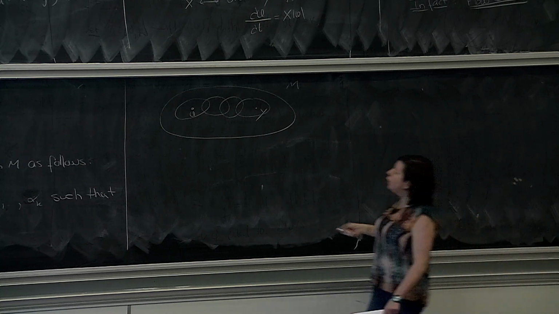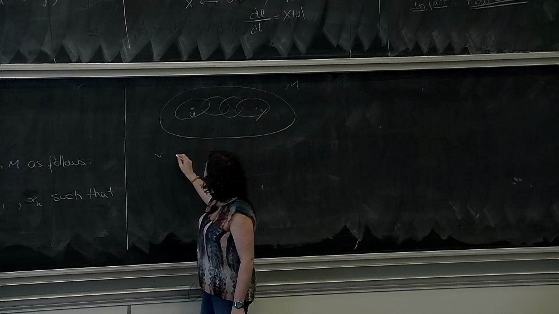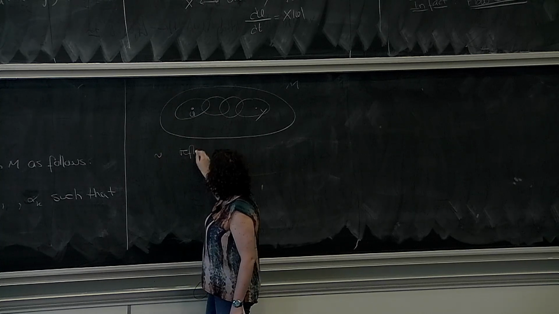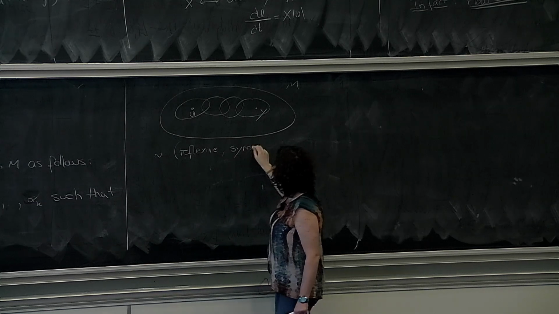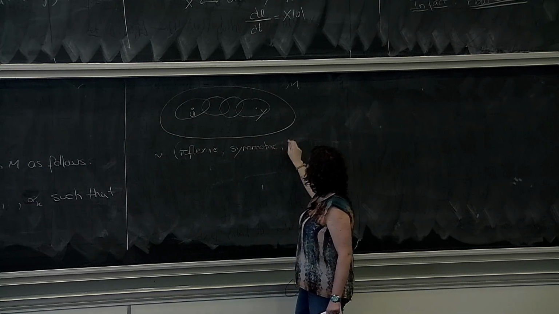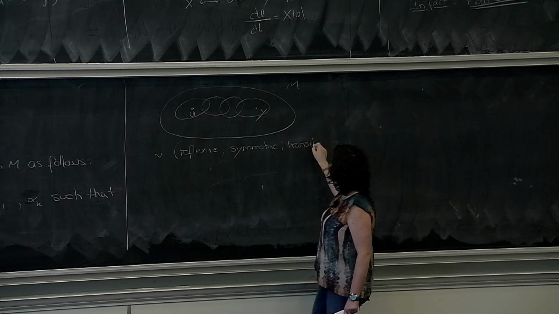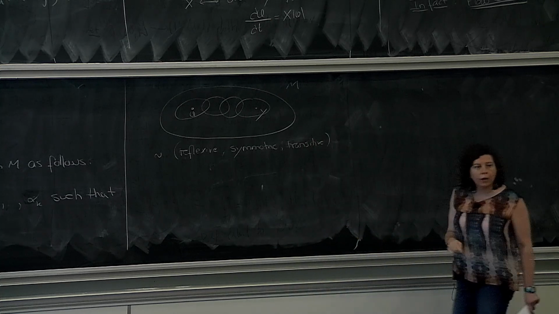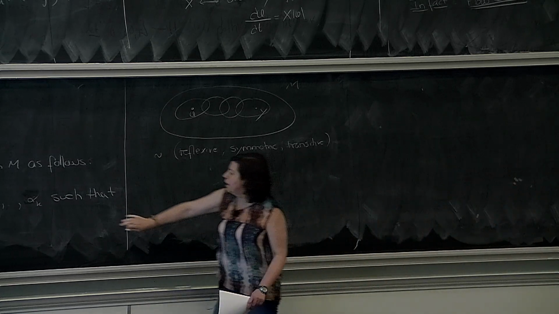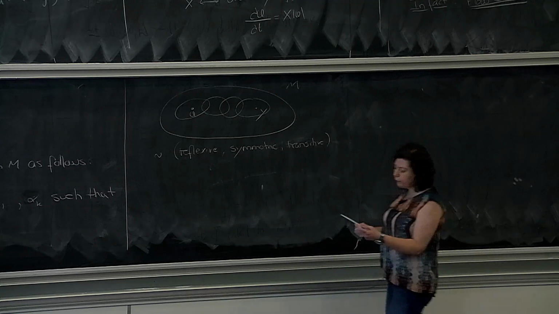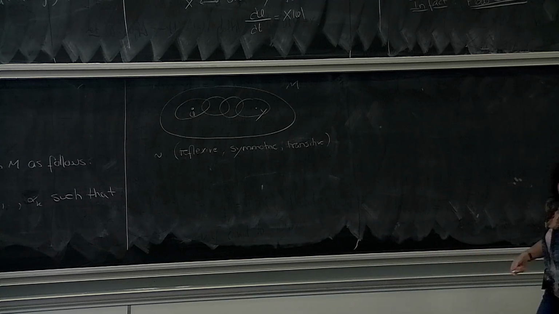It is clear that this relation is reflexive, is symmetric, and it is transitive. And we'll define a leaf of a foliation as an equivalence class for this relation.